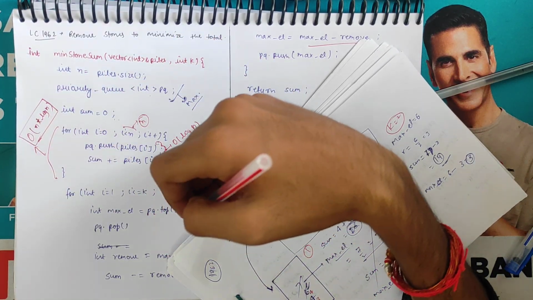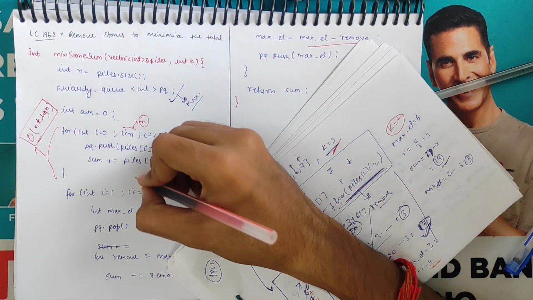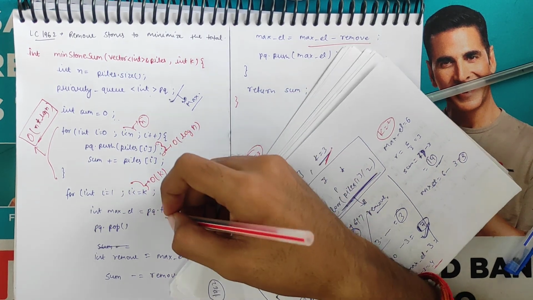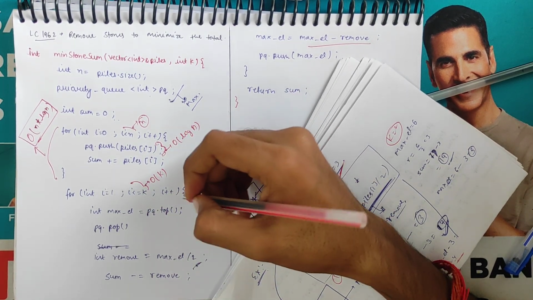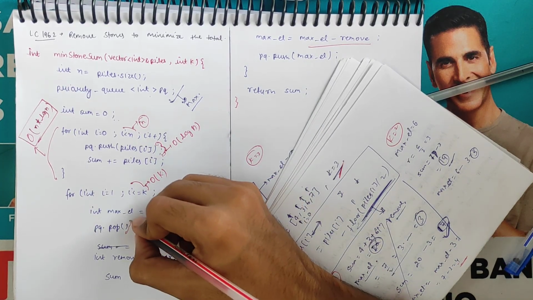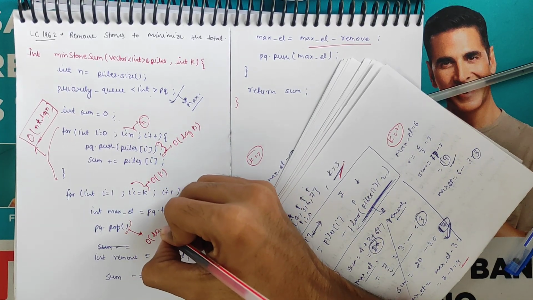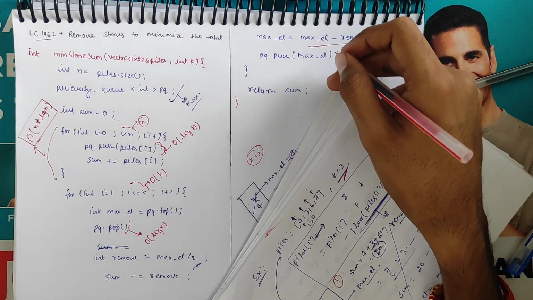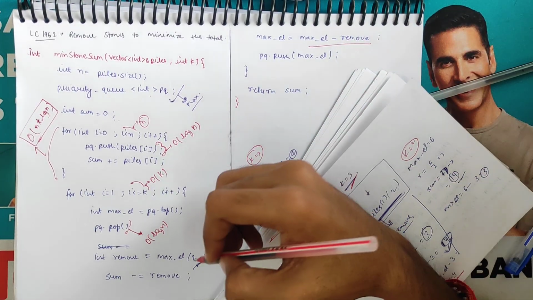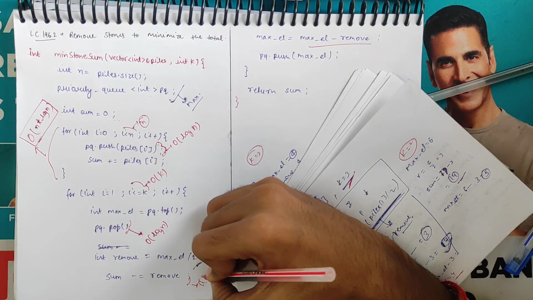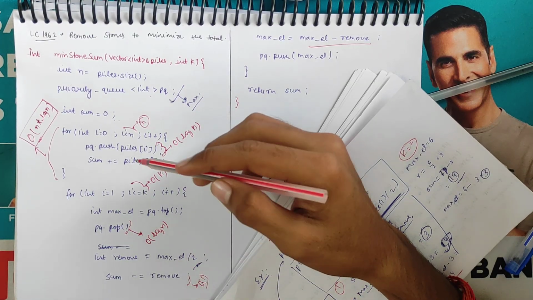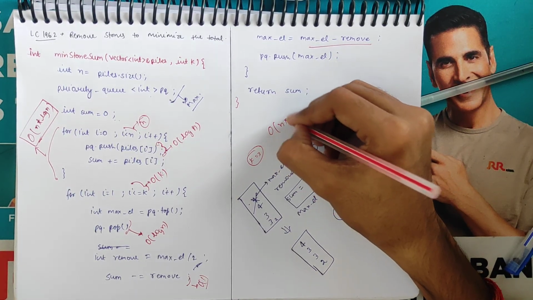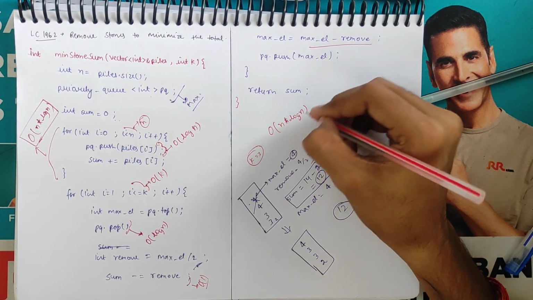And in this, we are doing this operation k times, and again we are popping the elements from the heap, so it is big O of log n. Everything else is big O of 1, so it doesn't matter. So what is the total time complexity? Big O of n log n, right?